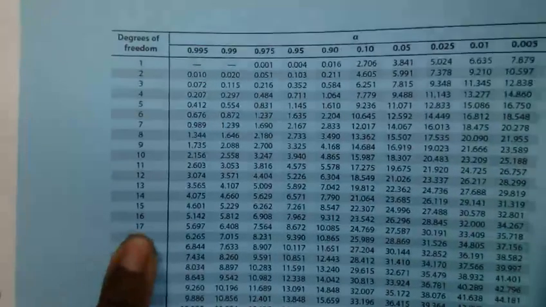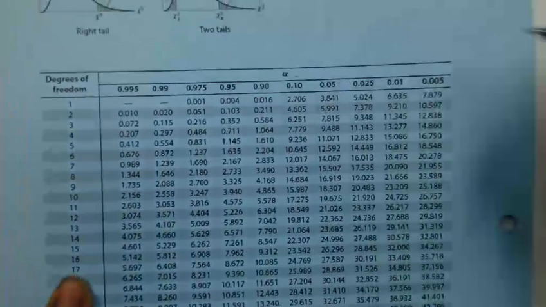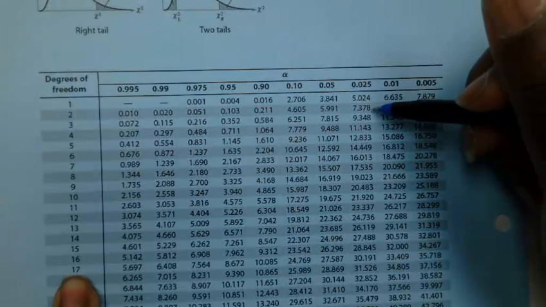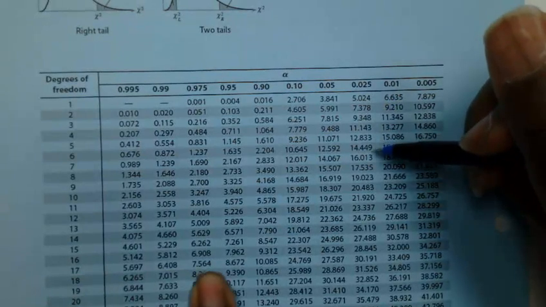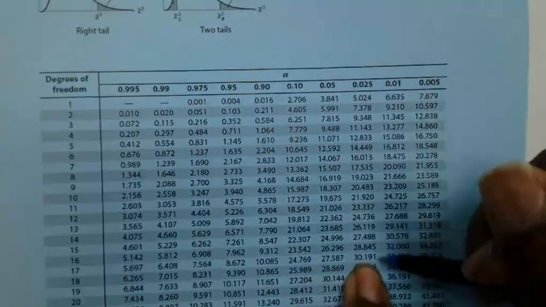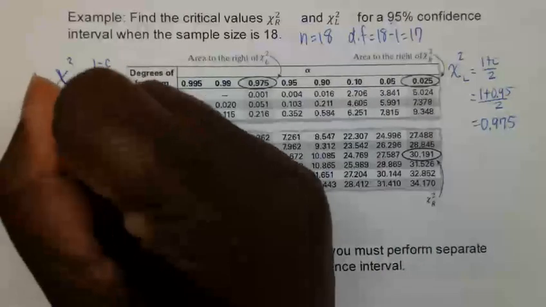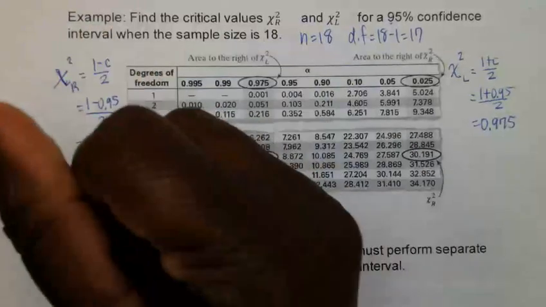So for 17, we do have a number for that. 0.025 gives 30.191.